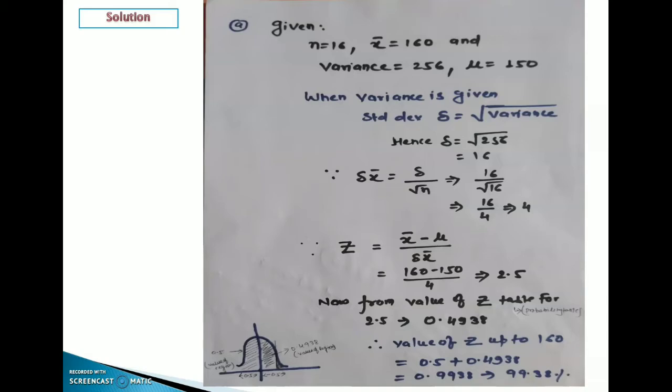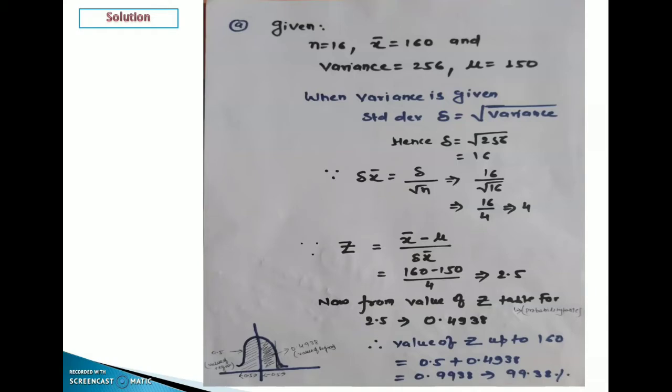We also know one formula, that sigma x bar is equal to sigma divided by square root of n, that is 16 divided by root 16, 16 divided by 4, and finally we get sigma x bar is equal to 4.